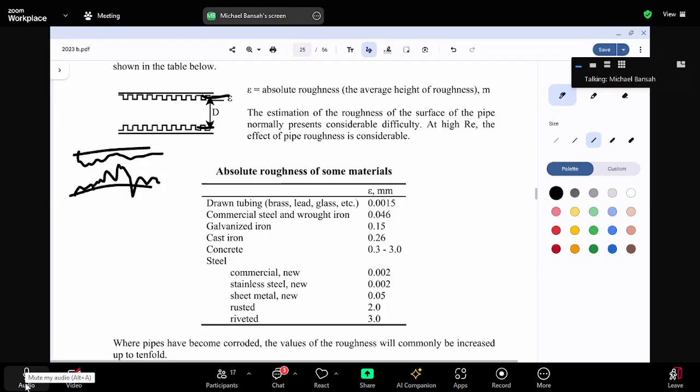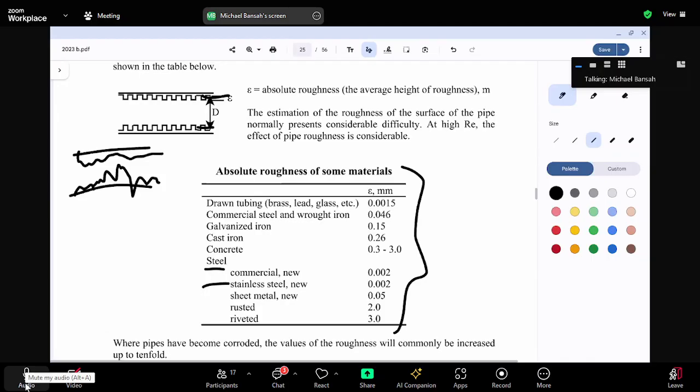So usually absolute roughness has been given in a table. Please always check the table before you solve. Don't become too familiar. Sometimes they use stainless steel pipe, sometimes commercial steel pipe. They change them. So make sure you check what changes has been made so that you will know which absolute roughness to use.